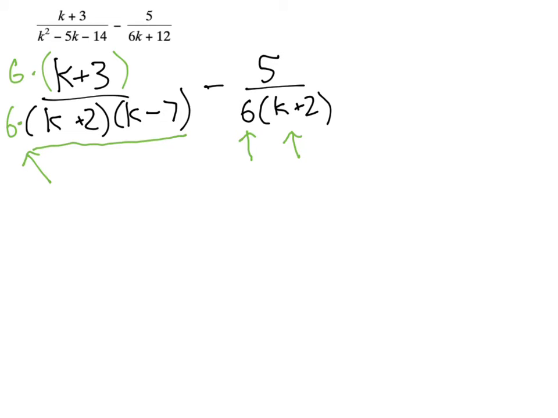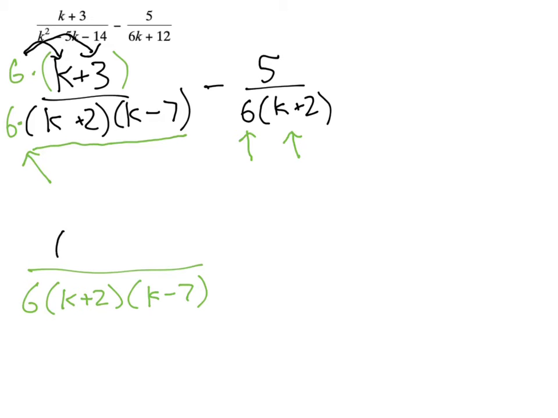When we do that, our denominator will become 6 times k plus 2 times k minus 7. And when we multiply this numerator, since we're multiplying 6 times a polynomial with more than one term, we need to distribute: 6 times k is 6k, and 6 times 3 is 18.